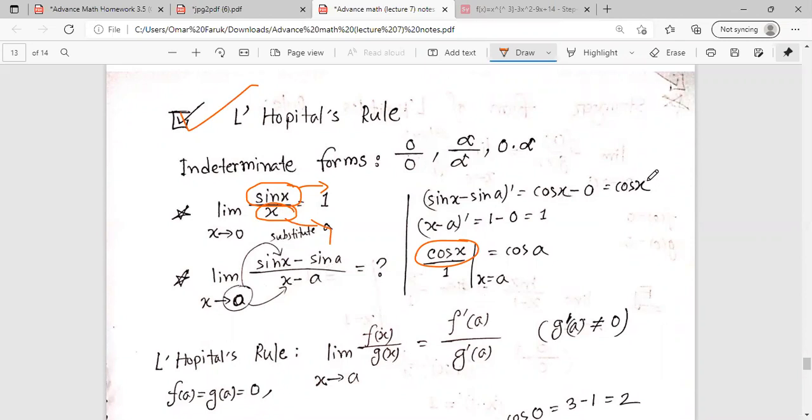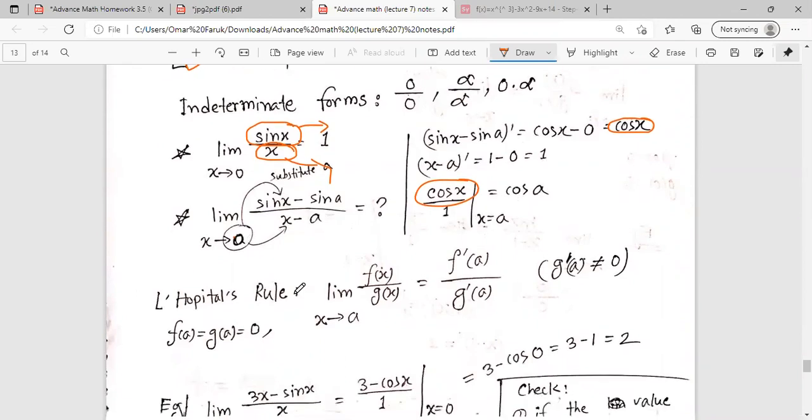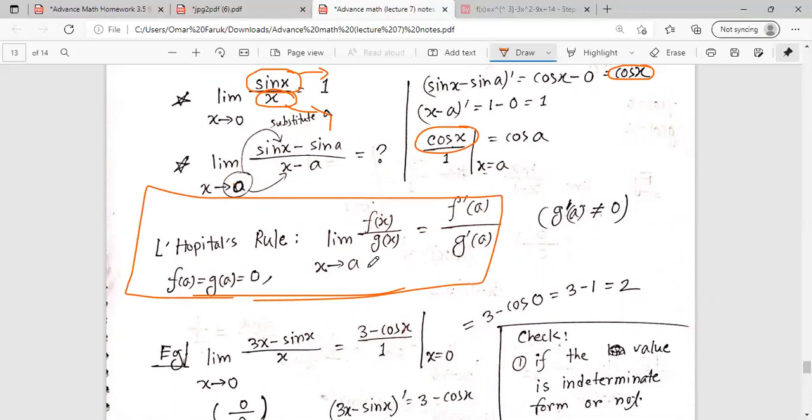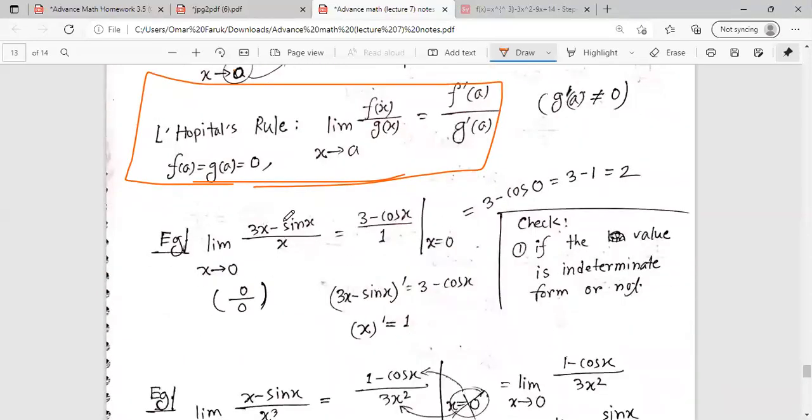So it will make cos x by 1, and then the limit as x goes to 0. You don't need to remember these complex things. I already discussed it before. Like here is 3x minus sin x.